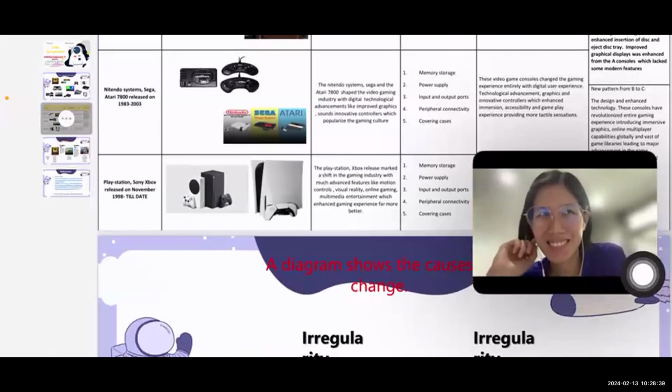They all had peripheral connectivity, something you can put in and remove. Then they all had covering cases, that is, they were all covered to avoid damage or water splash.